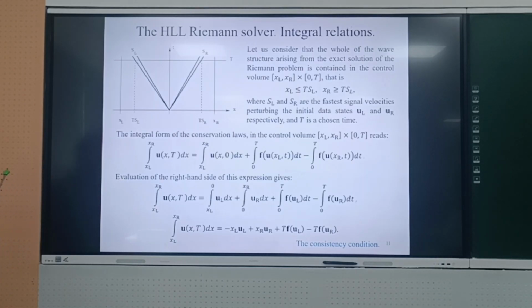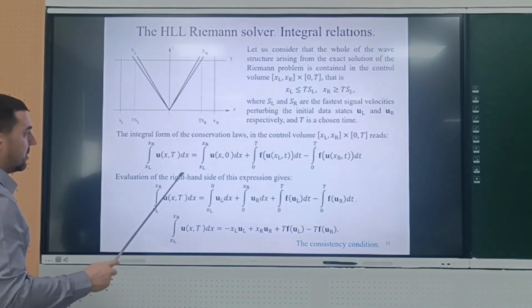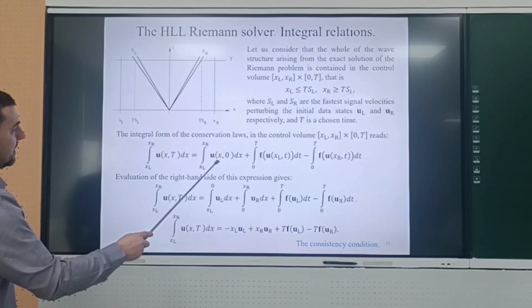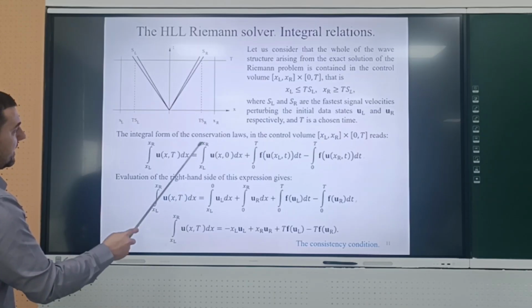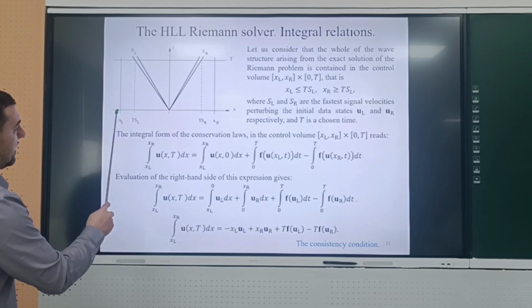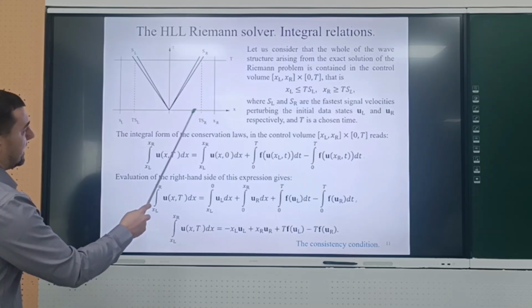Now let's evaluate all integrals here. What does the integral from XL to XR of U(x,0) mean? U(x,0) means that U(x,t) at t equals 0. It corresponds to the axis t equals 0.